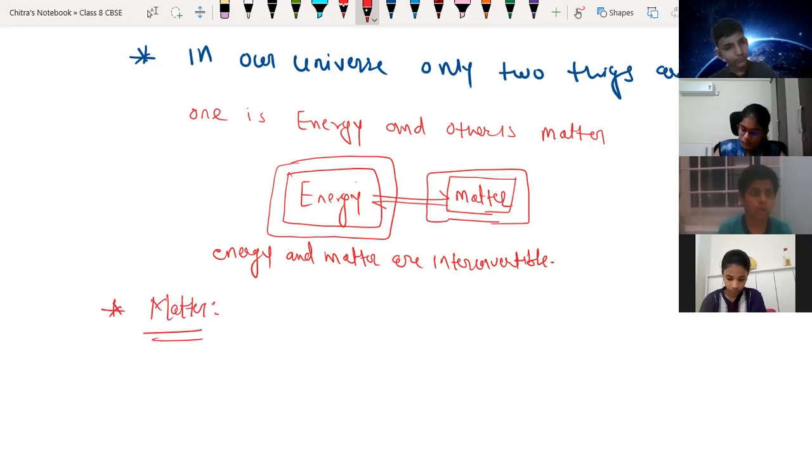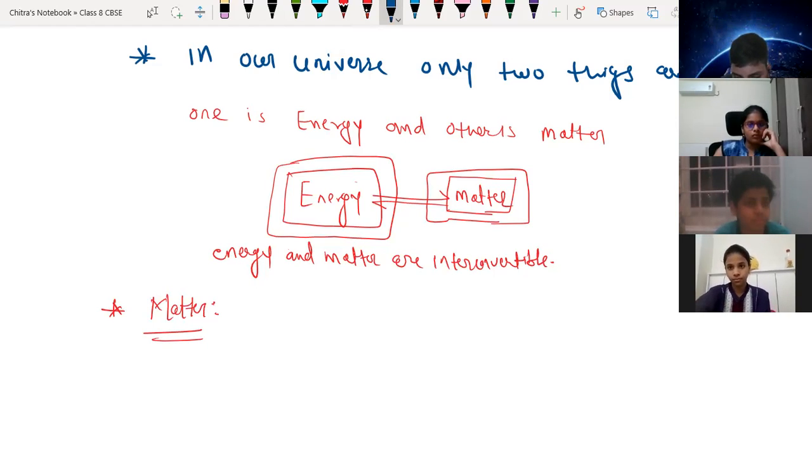Matter is anything around us which has mass and occupies space, like your pen, laptop, mobile phone, tab, books, bench, house. We are also matter, because whether living or non-living, they have mass and occupy space.